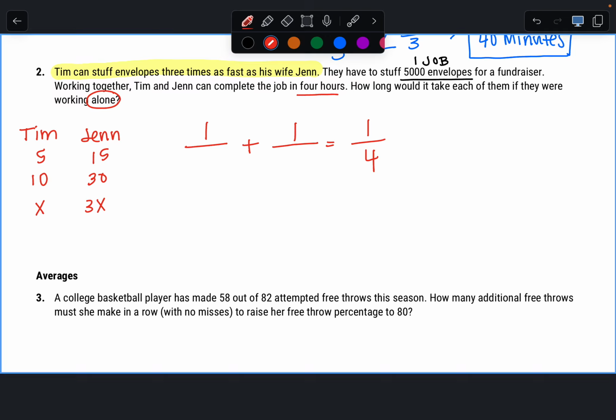I was letting some people process. So with Tim, he is going to be our X. Jen is going to be our 3X.